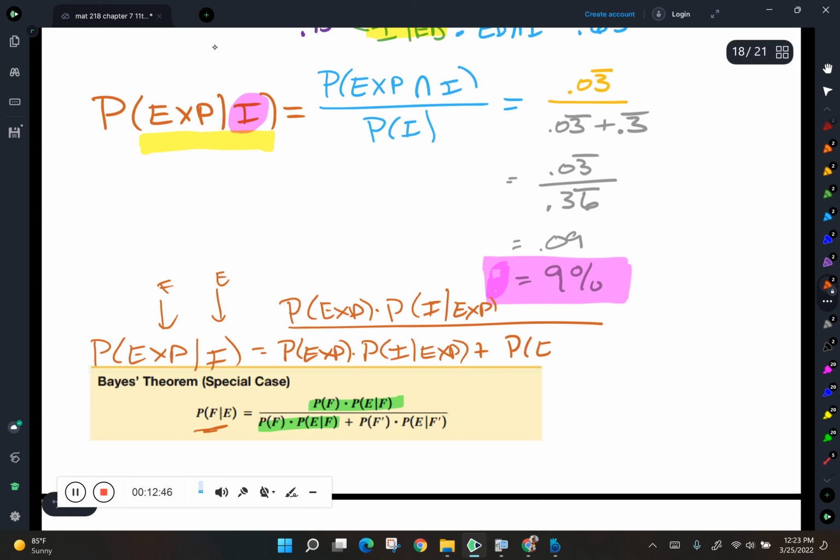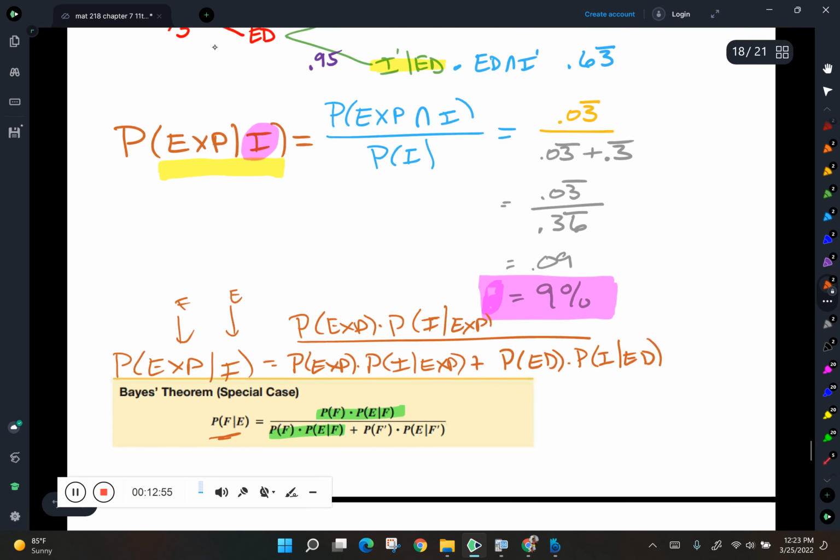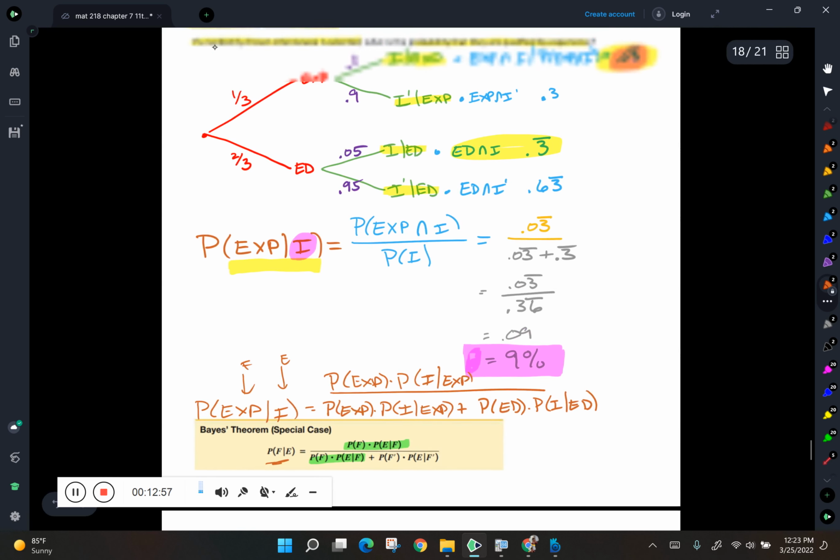So the probability of education times the probability of interview given education. And now if I go back to my tree diagram, do you see how my numerator here is that branch right there? And then my denominator is that green branch again, along with education interview, which is our 0.3.